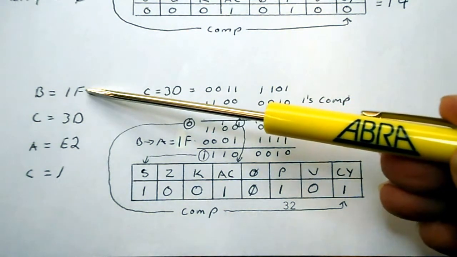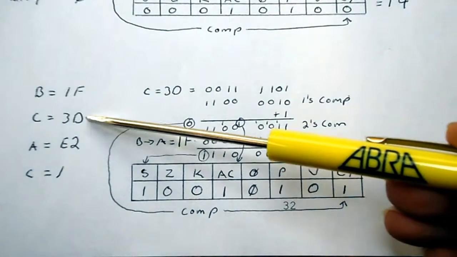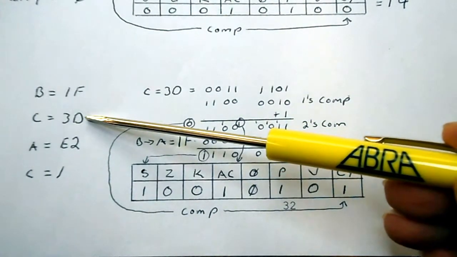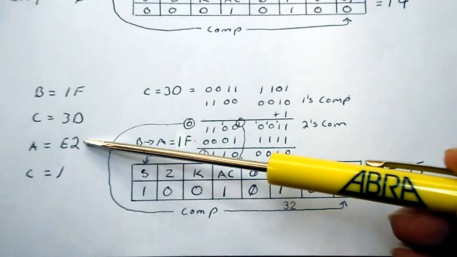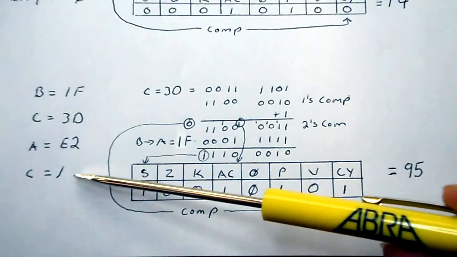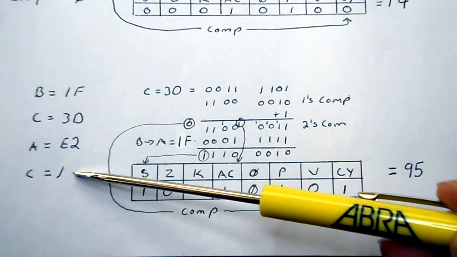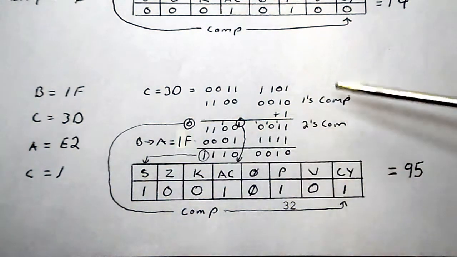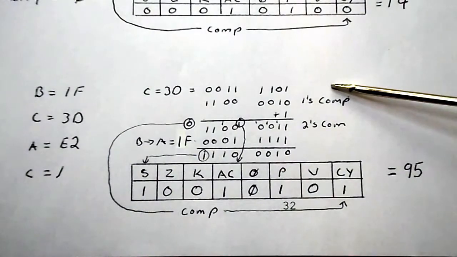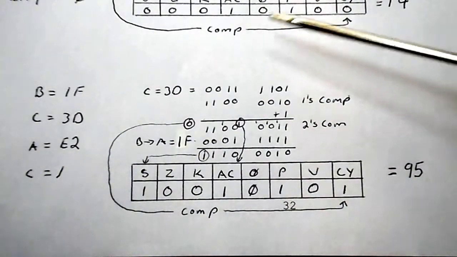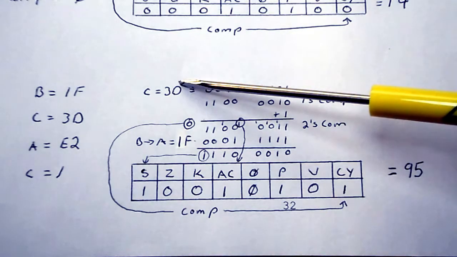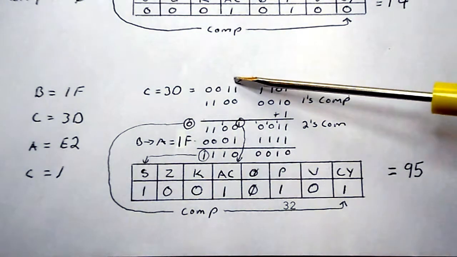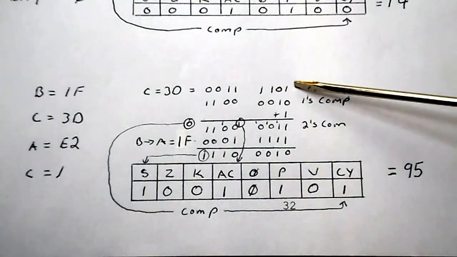We've loaded the B register with 1F, loaded the C register with 3D, ran our program. The result in the accumulator is E2, and the carry bit is actually set to 1, which is actually a borrow now. So here's what's happened internally with the ALU. The C register contents 3D is 0011 1101.